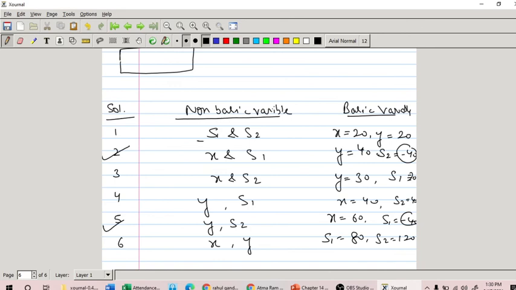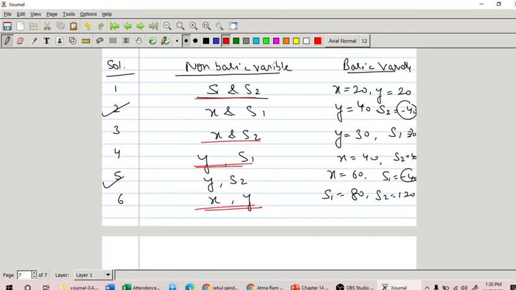So, these points are your basic feasible solution points. How can we also plot them on a graph paper?